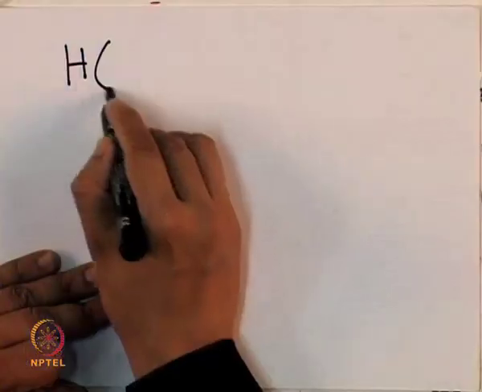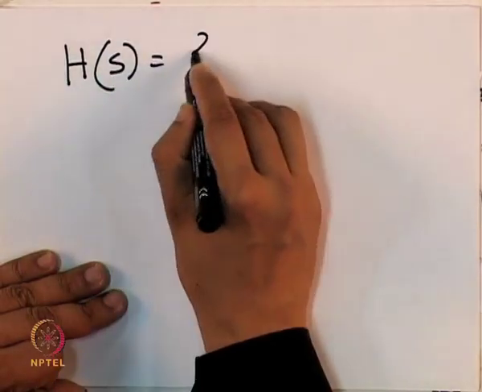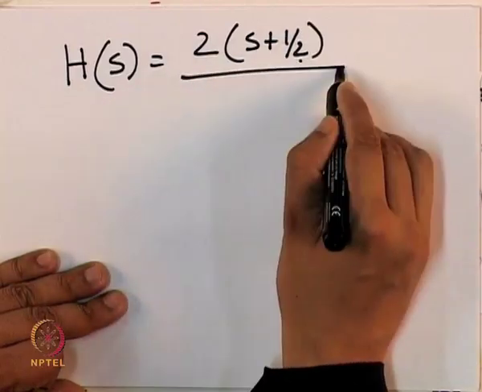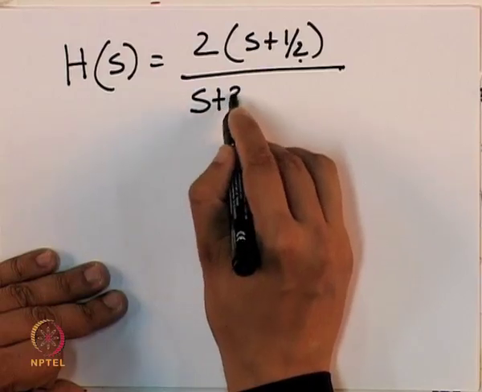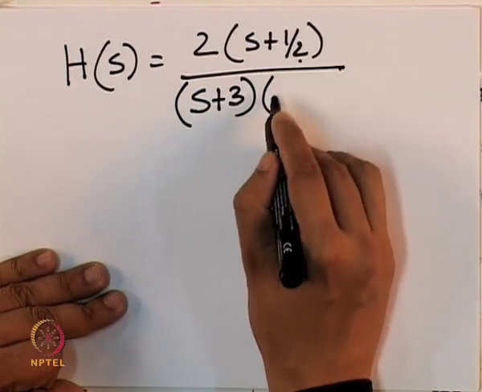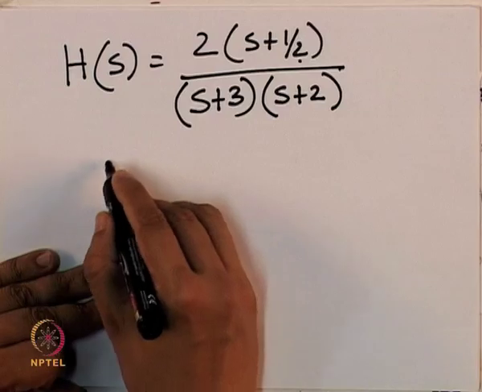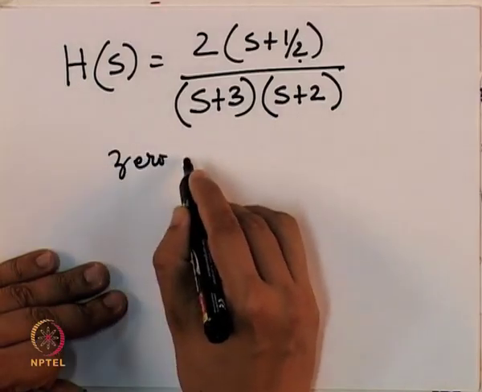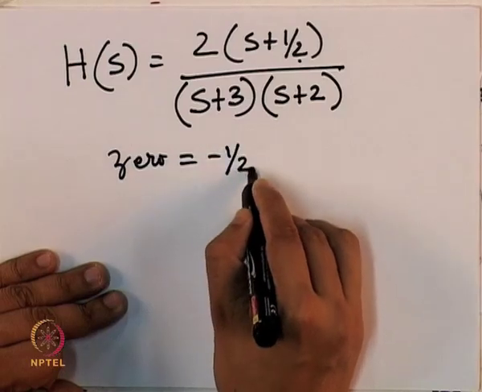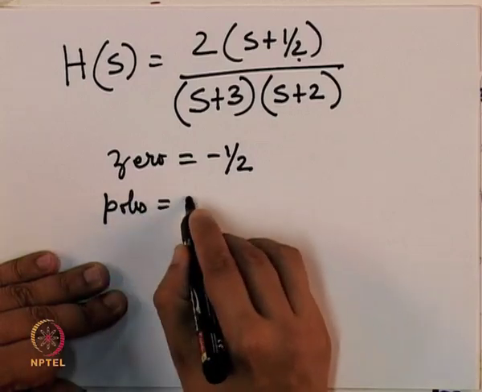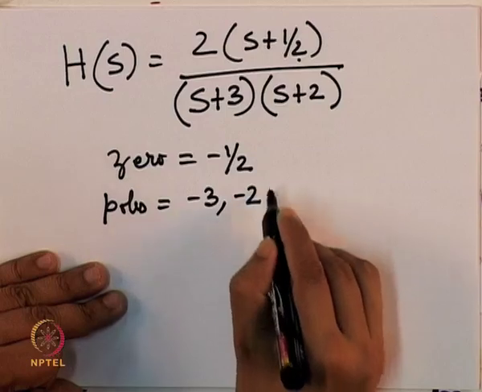This transfer function I can rewrite it as, so the single zero is at minus half, and the poles are at minus 3 and minus 2.